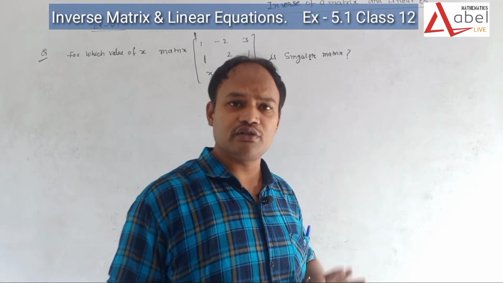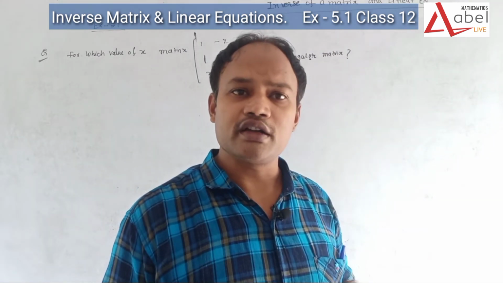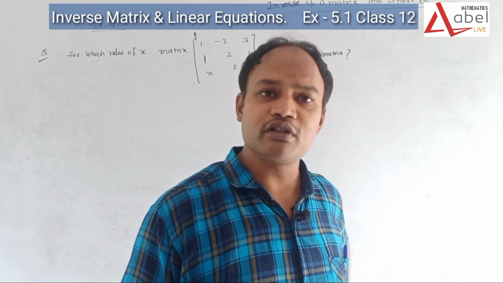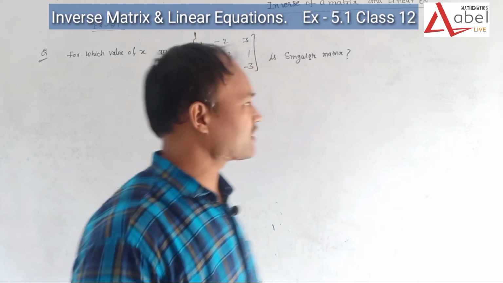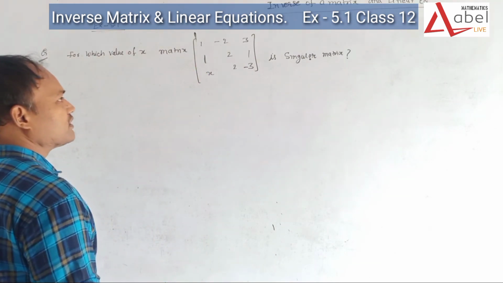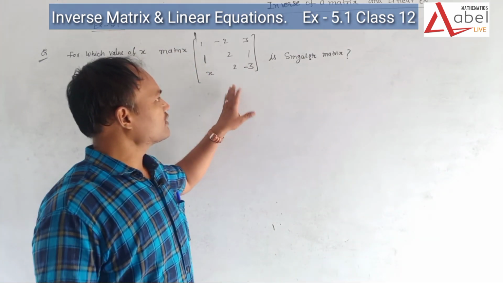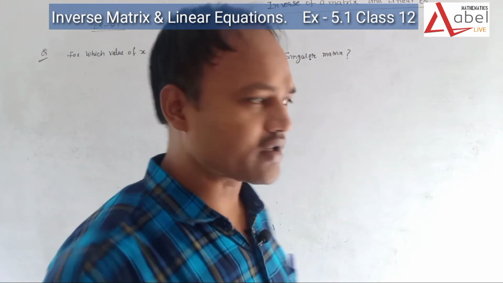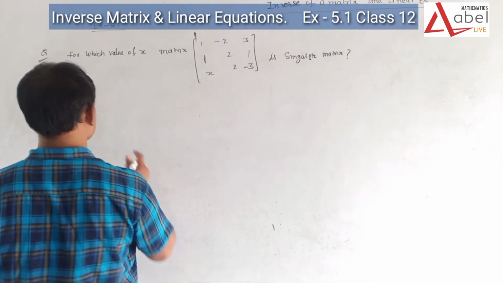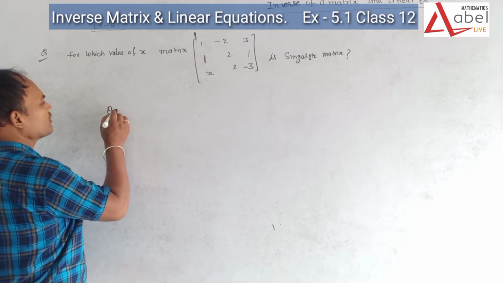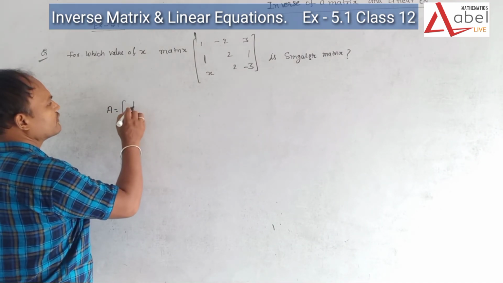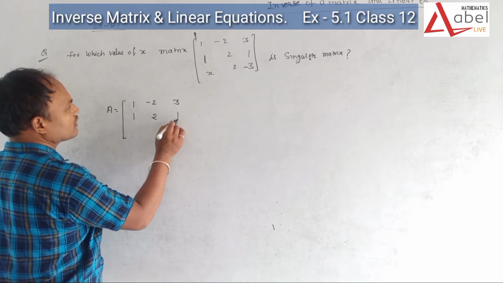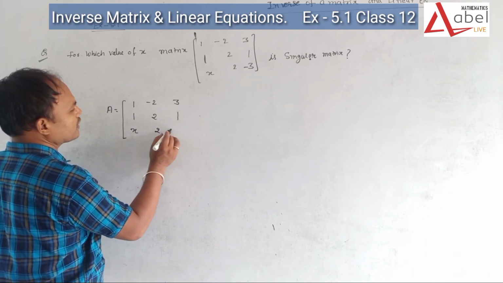For solving this question, you have to use the basic definition of a singular matrix. A singular matrix means that if we create a determinant from this matrix and its value is 0, we can say that it is a singular matrix. So firstly, suppose the matrix is given: 1 minus 2 3, 1 2 1, x 2 minus 3.